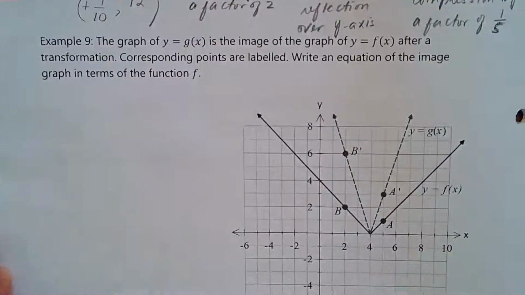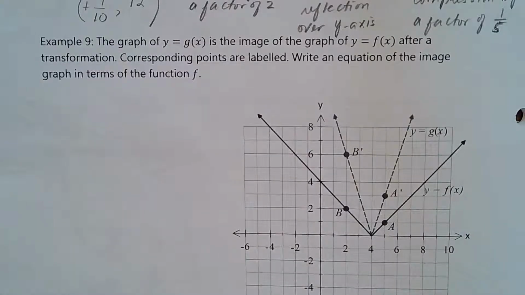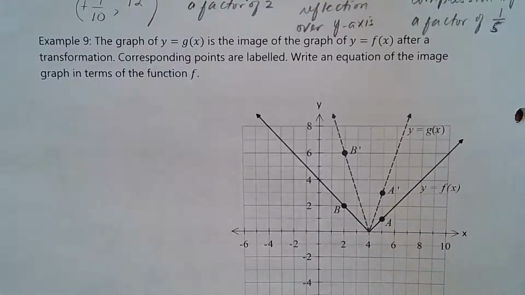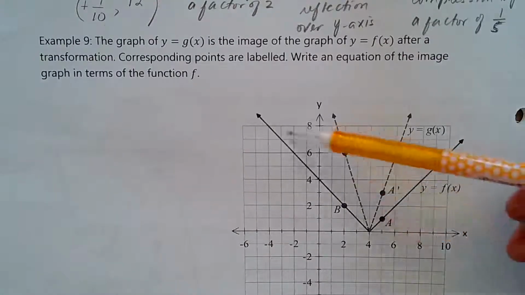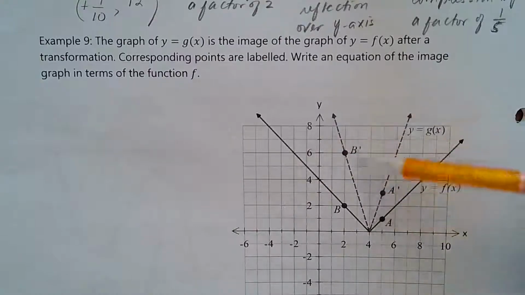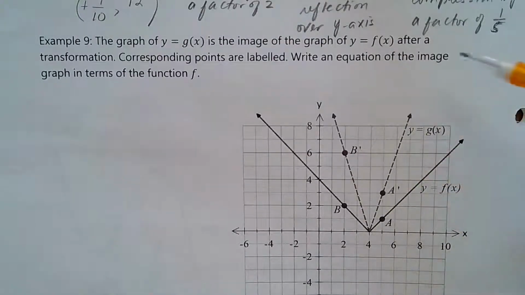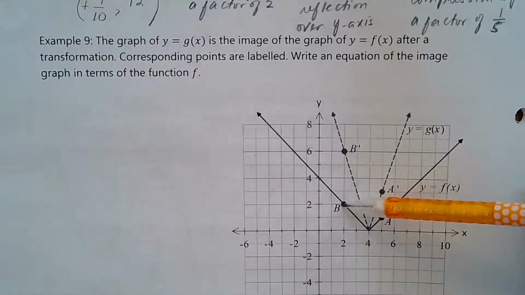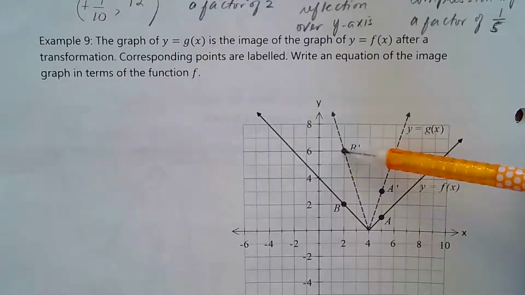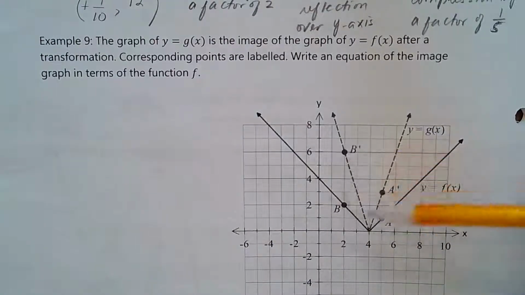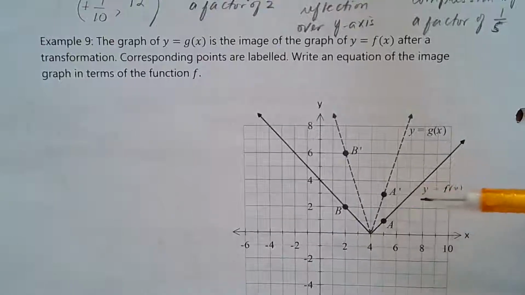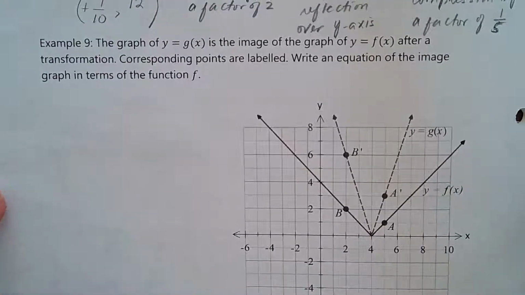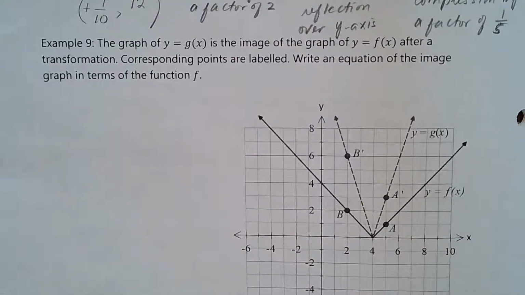The graph of g of x is the image of the graph of y equals f of x. So this is f of x, and g of x is the image after it's been transformed. Corresponding points are labeled. So if this is B, and this is B prime, that's a transformed one. This is A, and this is A prime. Write an equation of the image. This is kind of interesting.